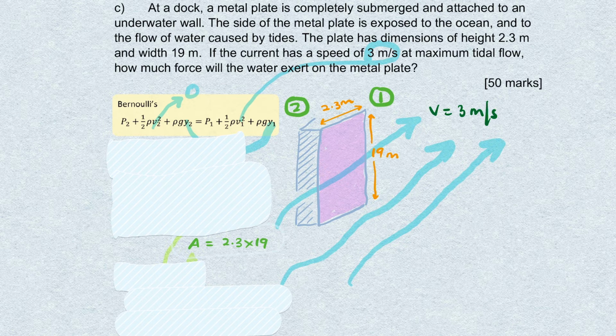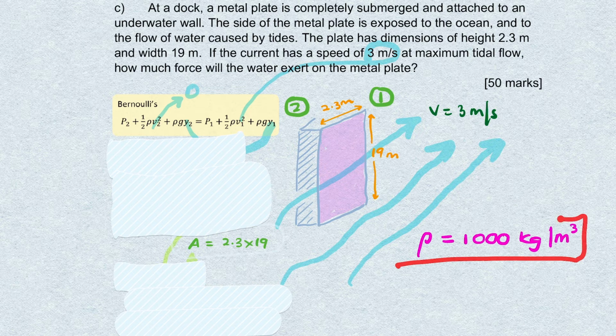And the density, rho, for water is the same on both sides, I assume. The density of water is 1,000 kilograms per meter cubed. You should know that, but it's given in your formula sheet. It's called the specific gravity of water.